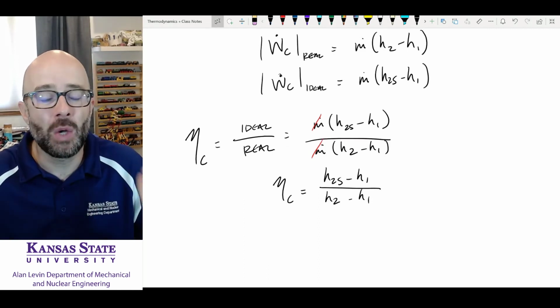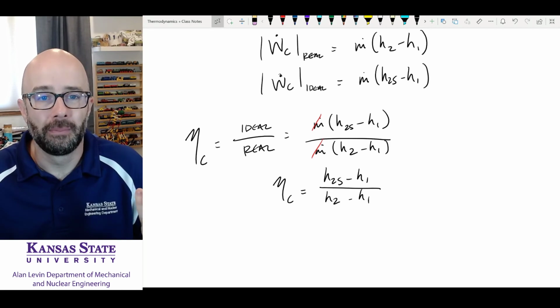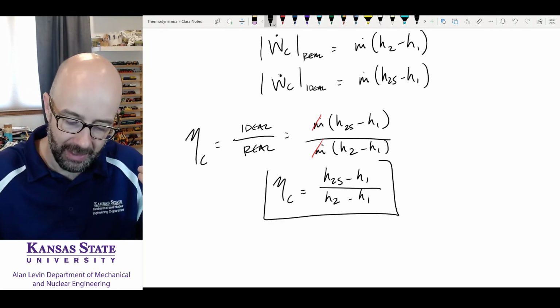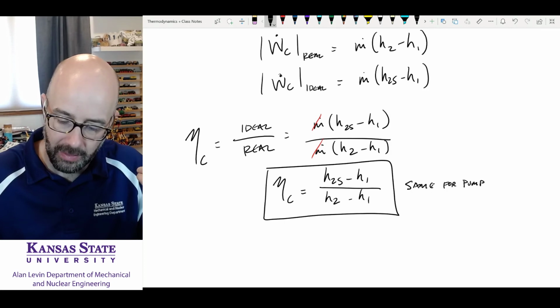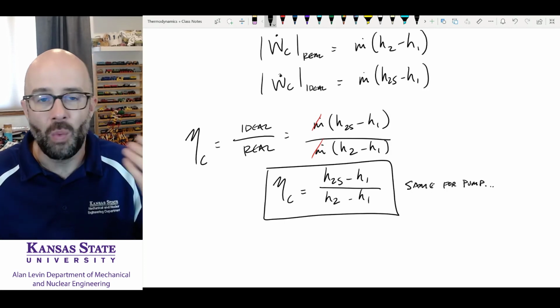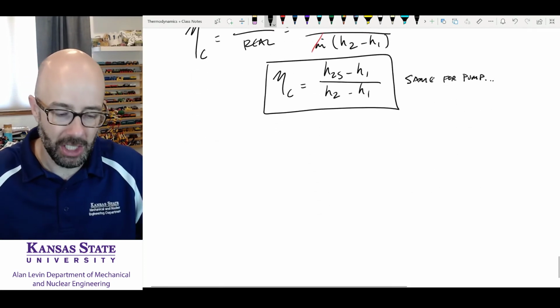This will be the same equation for a pump: h2s minus h1 over h2 minus h1. And what happens if we have an ideal gas with constant specific heat?